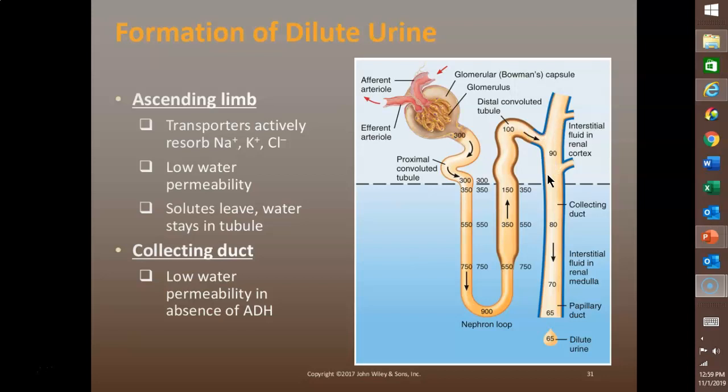The distal convoluted tubule especially has a very, very low permeability to allow water out of the tube if ADH is not present. And remember, if it stays in the distal convoluted tubule, it's going to become urine. So if the water is staying in, we're forming a very dilute urine with a very low osmotic pressure.